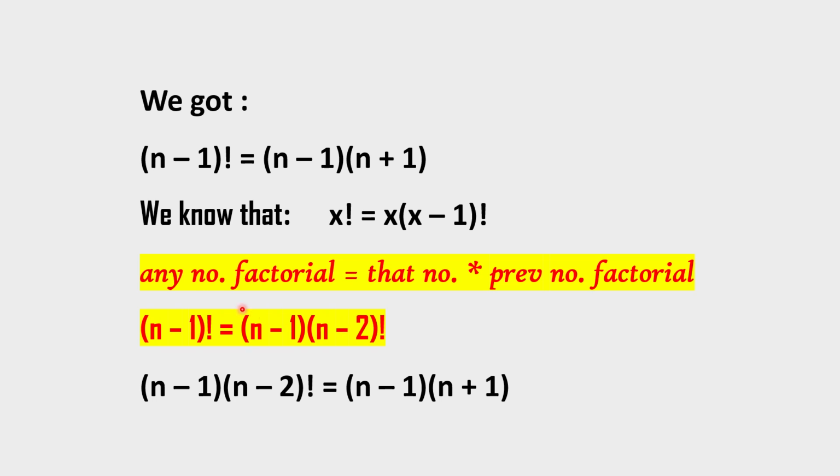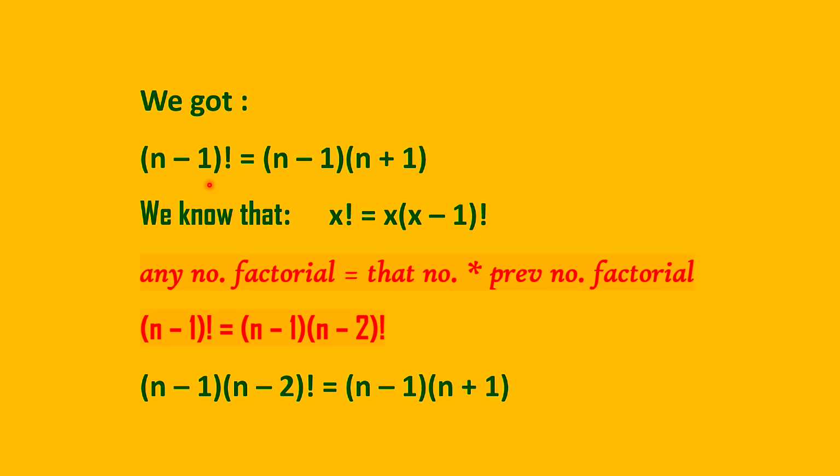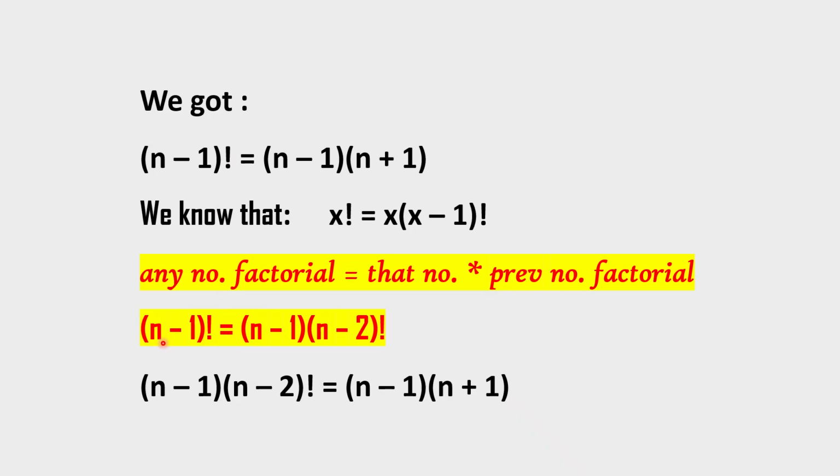So (n minus 1) factorial equals (n minus 1) multiplied by (n minus 2) factorial.